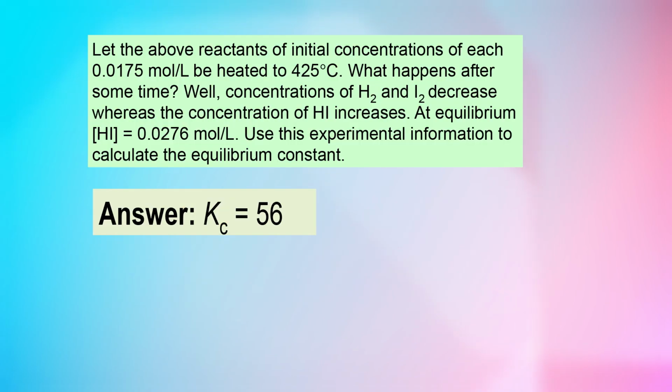The initial concentration of each is 0.0175, and heat it to 425 degrees. What happens? The concentration of hydrogen and iodine will decrease while HI will increase according to this reversible equation, and at equilibrium the concentration of hydrogen iodide is 0.0276 mole per liter. So, can we find out the Kc?